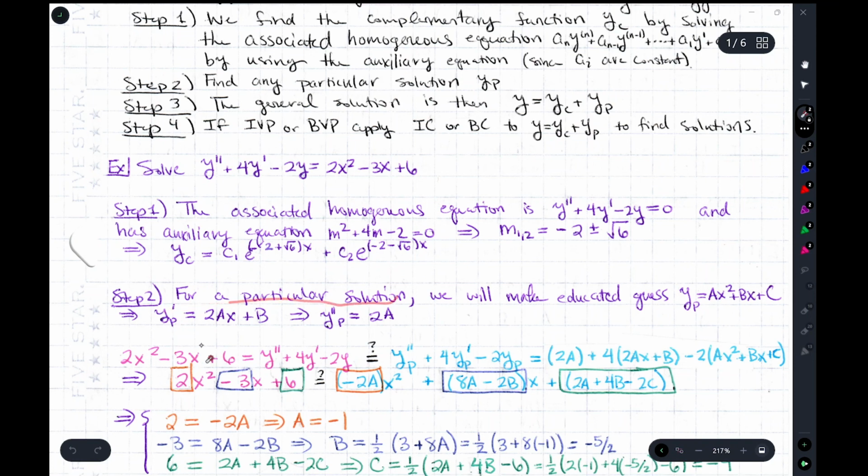Step 2, now we want to find the particular solution. Well, how do we do that? Okay, we need to satisfy this differential equation. And if you take a look, the right-hand side is a polynomial, 2x squared minus 3x plus 6. So why don't we do this?